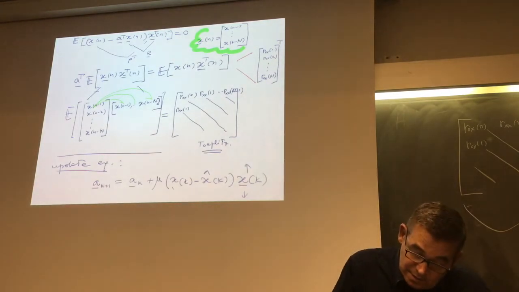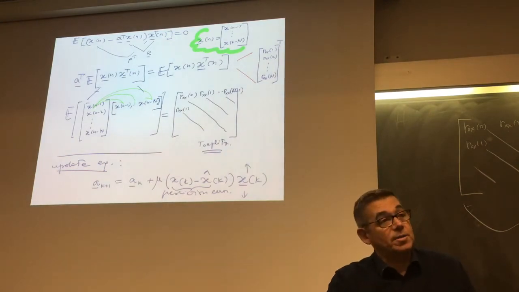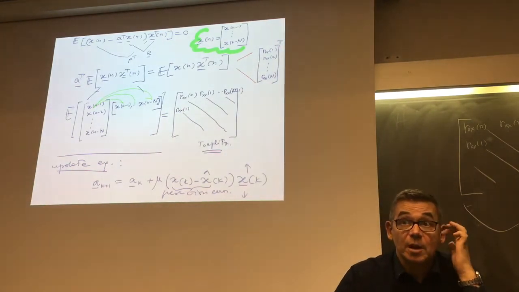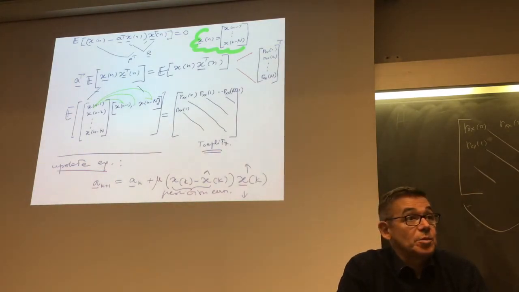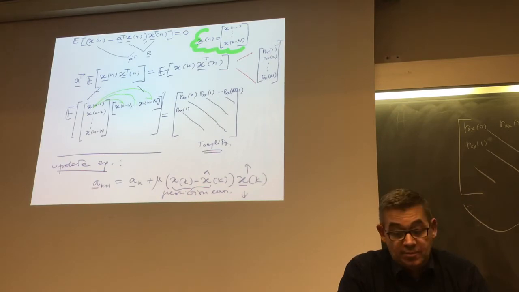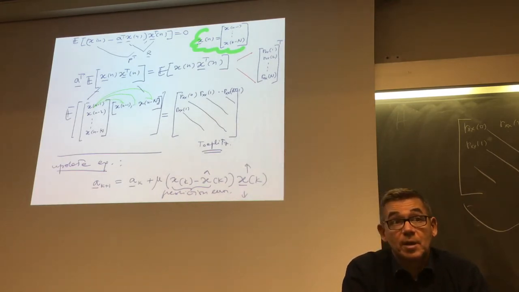And this is the prediction error. That's the update form. It's relatively simple to implement. In fact, it's one line, as we will see in a minute.